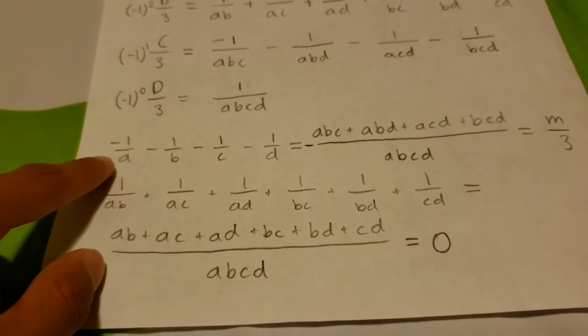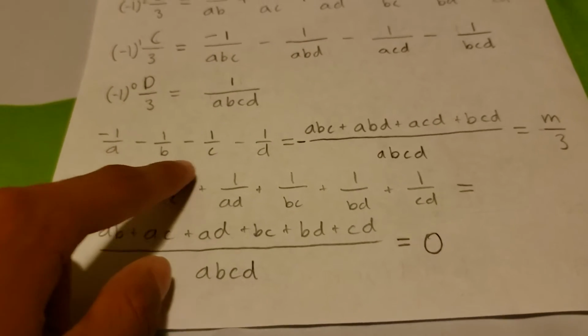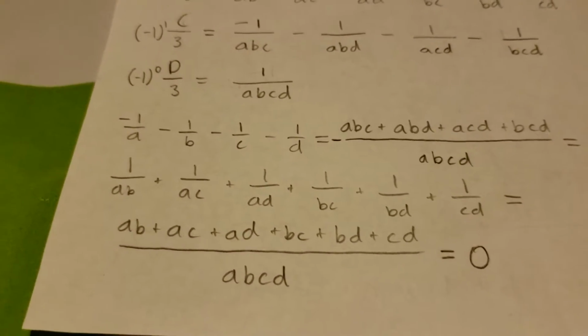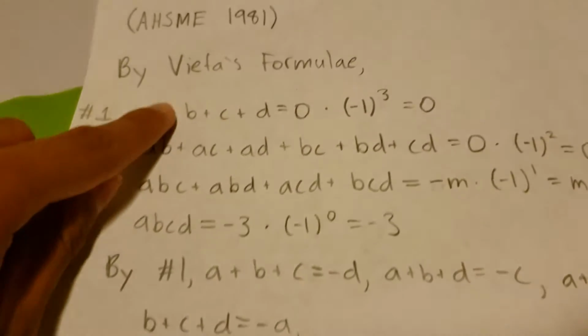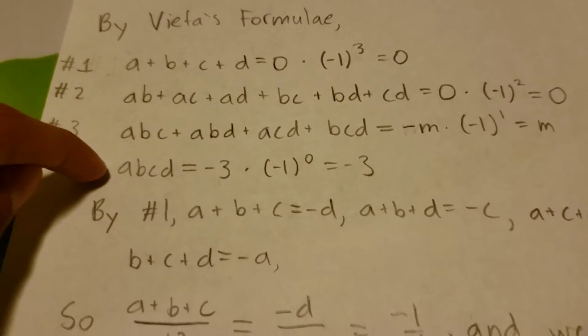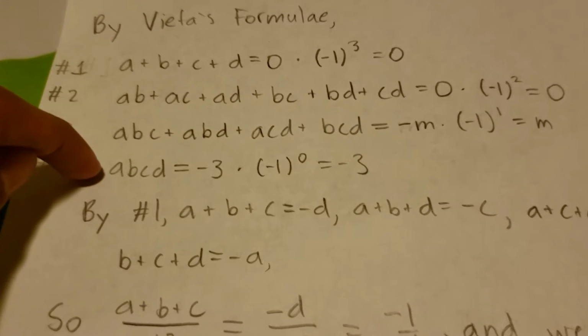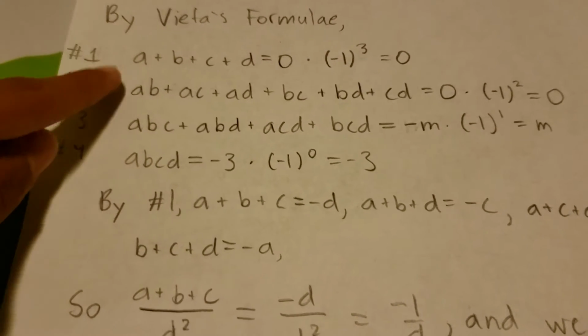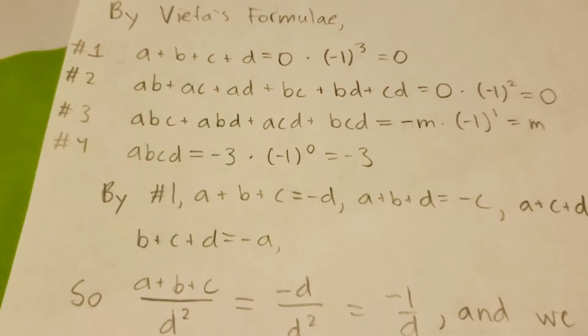So, negative 1 over a minus 1 over b minus 1 over c minus 1 over d. What is this equal to? Well, let's look back at these formulas over here. Given these formulas, how can we find the sum of the reciprocals of a, b, c, and d?